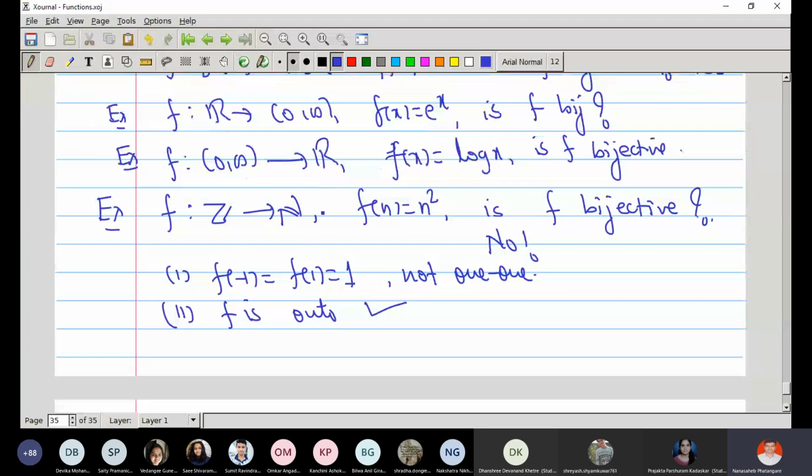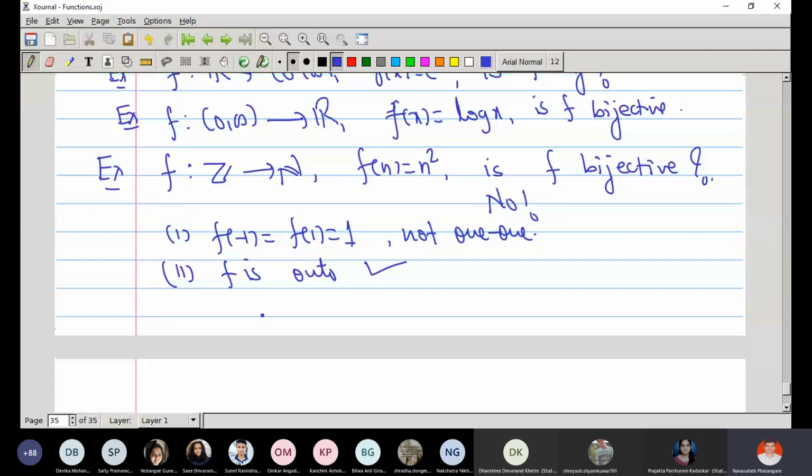Yes, because you take any natural number, I can take its... so for any m belongs to the codomain, there exists n. What is n? There are two choices for n: plus minus square root of m. In integers, no. Is it onto? There is a problem.